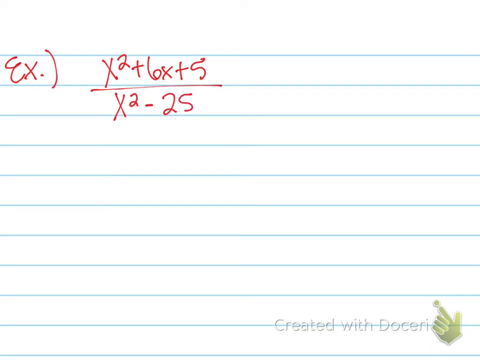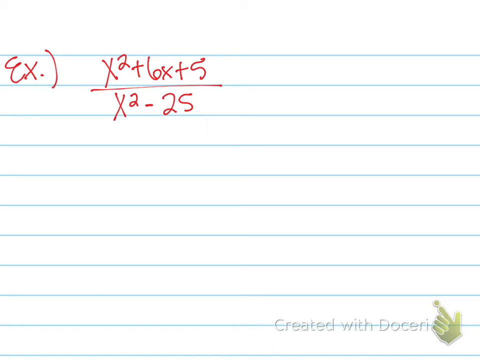Now, in order to factor it out, we want to make it smaller. So first, what do you notice about the top and the bottom? They're both what kind of functions? Well, they're both quadratic.